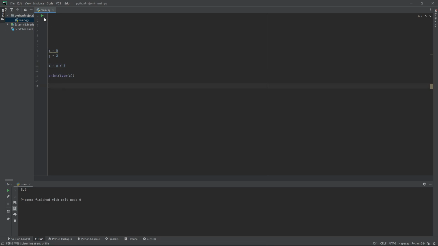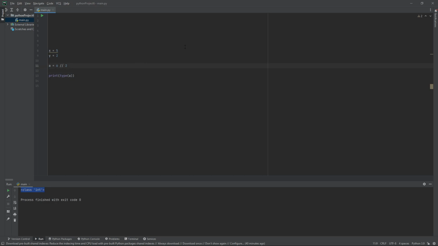So the type of a should be class float. Now if we got rid of this and added one more slash, and then printed this, now it's going to be of class int. So just something to keep in mind there. If you don't know something, just always check the type, and then you can work your way through the problem from there. But yeah, it's just basic arithmetic operations.